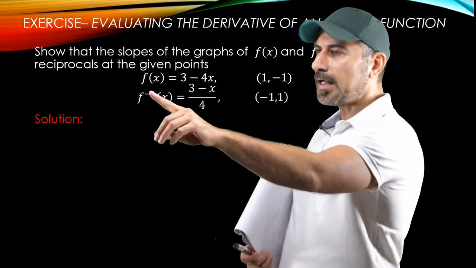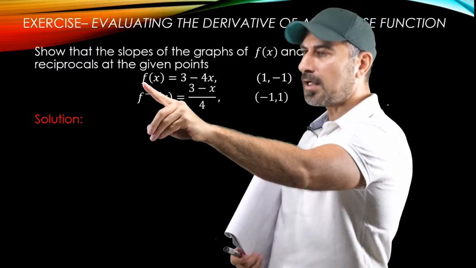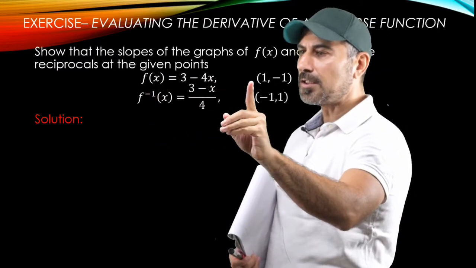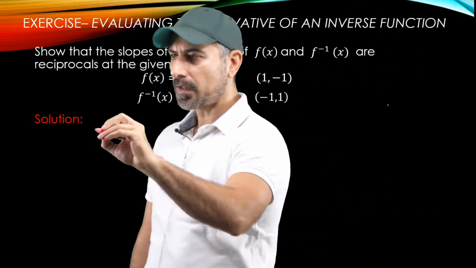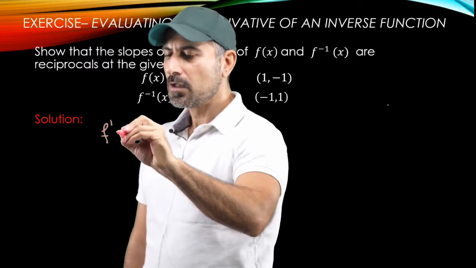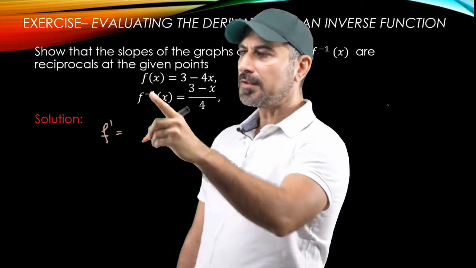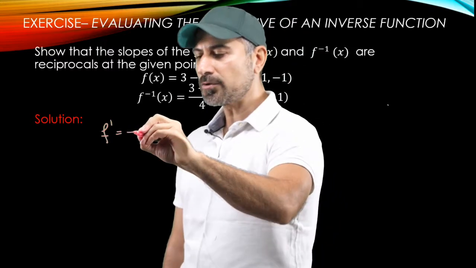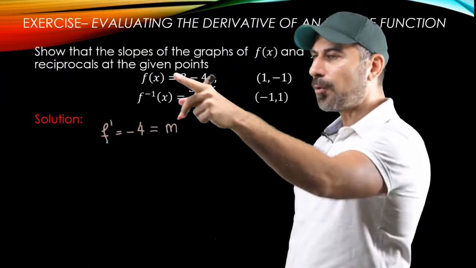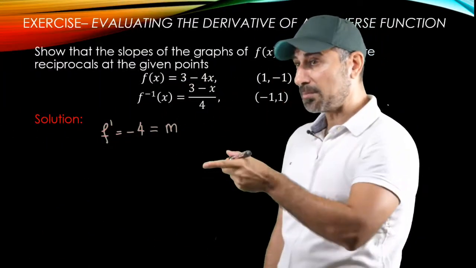Let's try to find the slope of the tangent line for f at x equals 1. For this purpose, we need f prime. Well, f prime is the derivative of 3 minus 4x, that's -4, so it's constant. In fact, this is the equation of a line, so the slope should be constant.